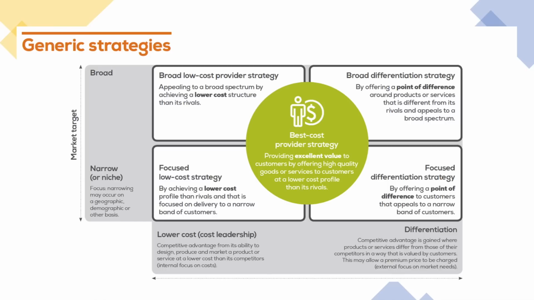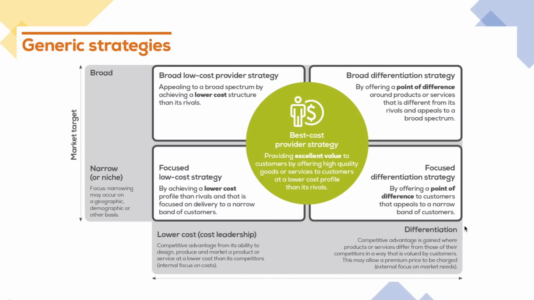Now, move on to the second one, broad differentiation strategy. What is that? The target market will be broad, offered to a lot of people, but the strategy on the x-axis is differentiation.